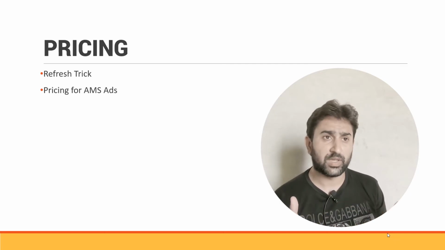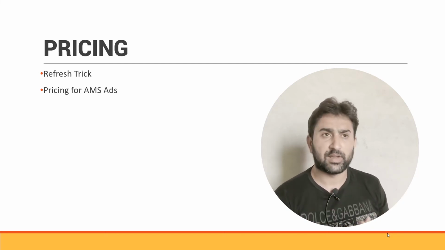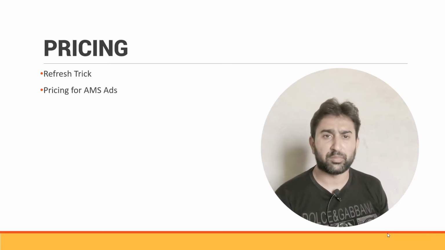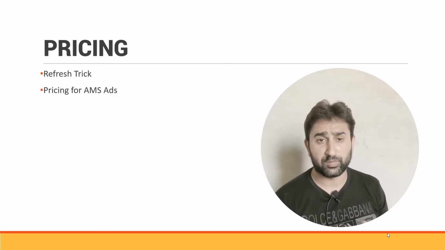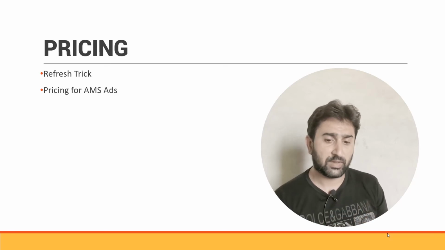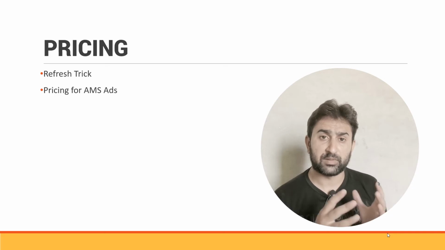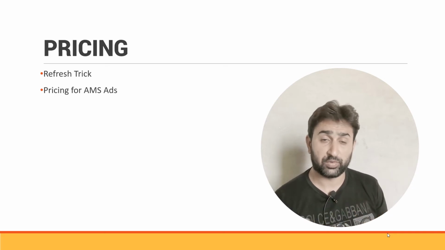What I usually do for the products I put into AMS ads is price them at a minimum profit of about $5, or at least $4.5. That is the minimum profit I want, because even after 10 or 15 clicks, if I get just one sale, I'll still have that ad in profit. So that can be really helpful.